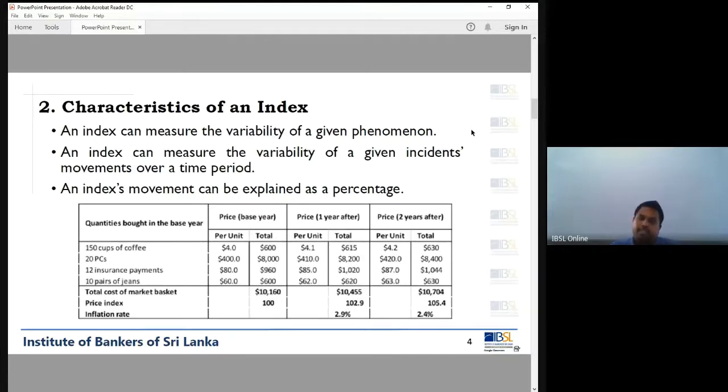Second point. An index can measure the variability of a given incidence's movement over a time period. This is also one very important thing we discussed since inception. The x-axis, or the variable that we are going to look at for the movability, is the time period. The time period could be, as we discussed under securities indices, even minutes and seconds.